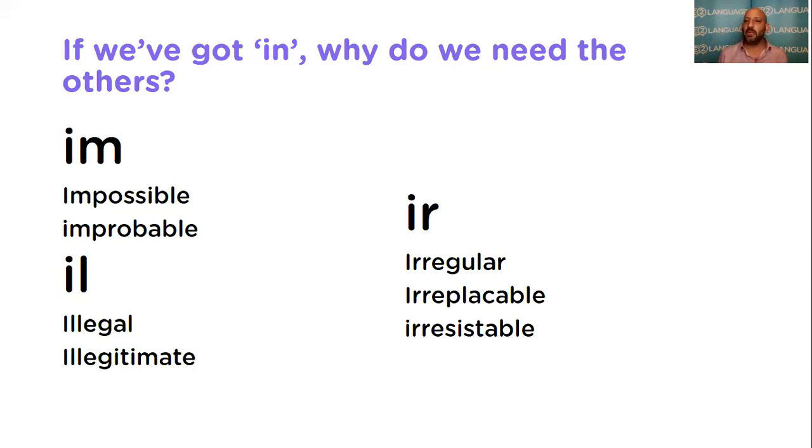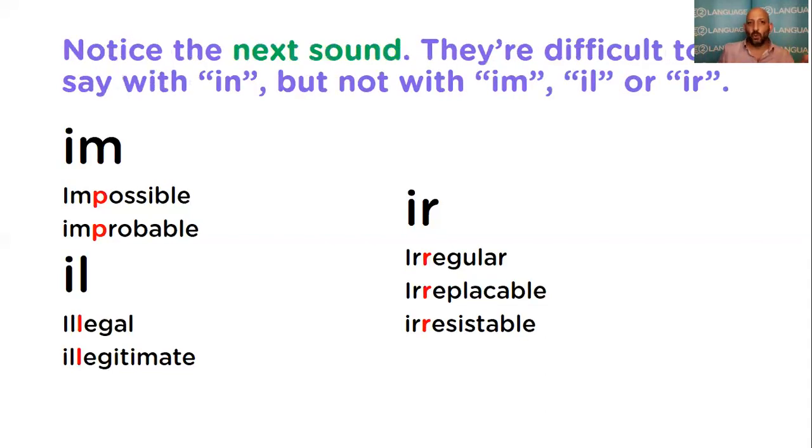Im- comes before the P words, impossible, improbable, and then il-, illegal, illegitimate, and so on, because it's just easier to say. So that's a very good example of what it is that we do in order to make what we're saying make sense to our mouths.